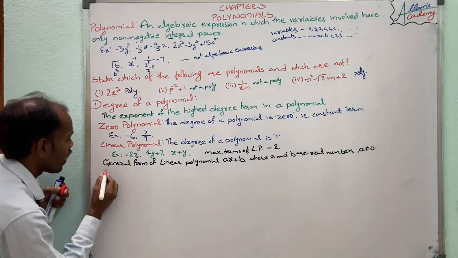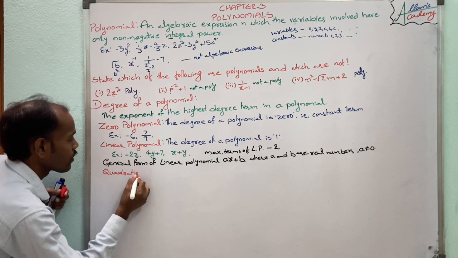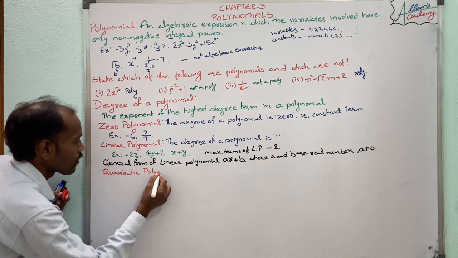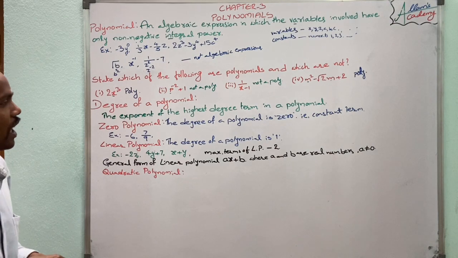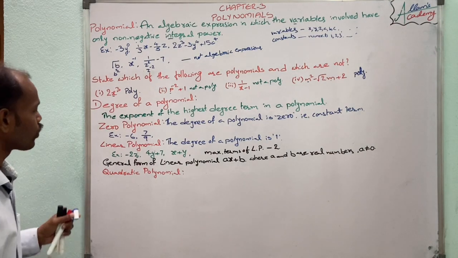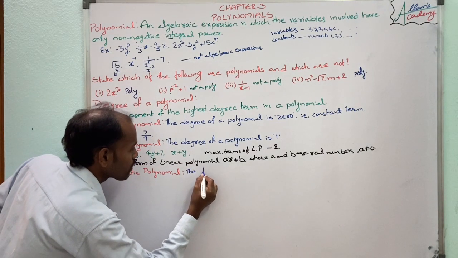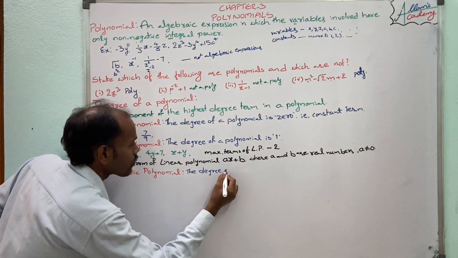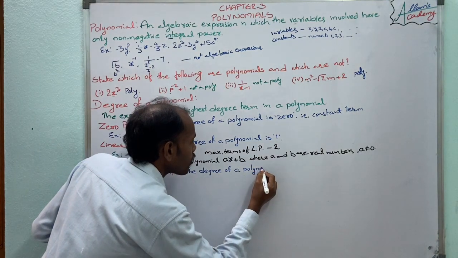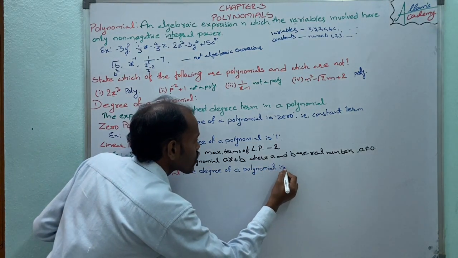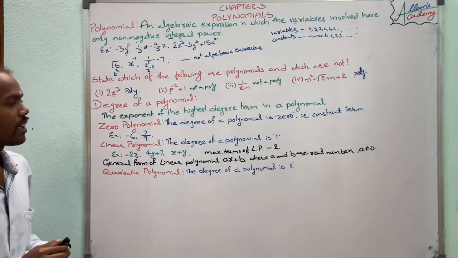Now we see quadratic polynomial. If the degree of the polynomial is 2, quadra means 2, that is why if the degree of the polynomial is 2, then it is called a quadratic polynomial.